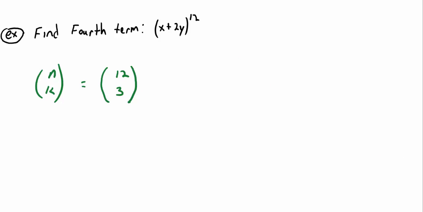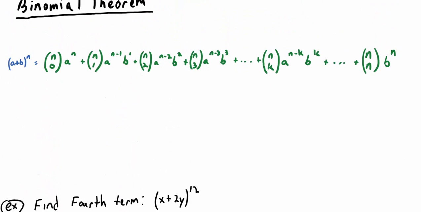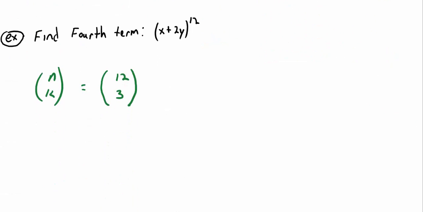But then you just use this formula to get the variable part of it, right? So now that you've figured out what the k is, it's 3, not 4, you can just fill in for the a and the b. And then a is equal to x and b is equal to 2y. We'll fix that in a minute. So it would be a to the, what would the exponent on the a be? Well, let's do the b first. What would the exponent on the b be?